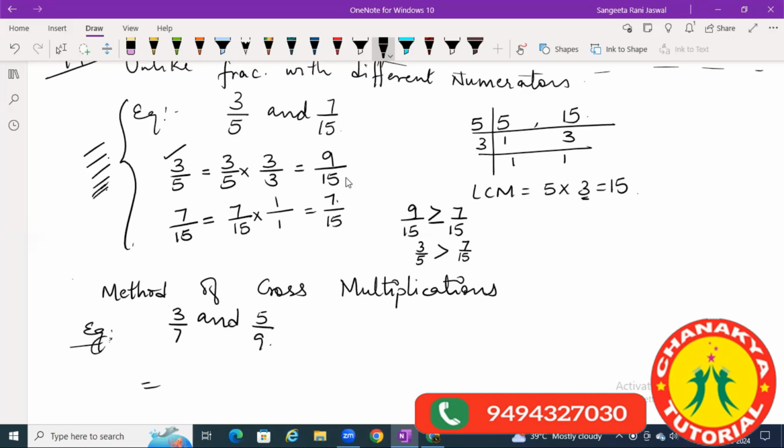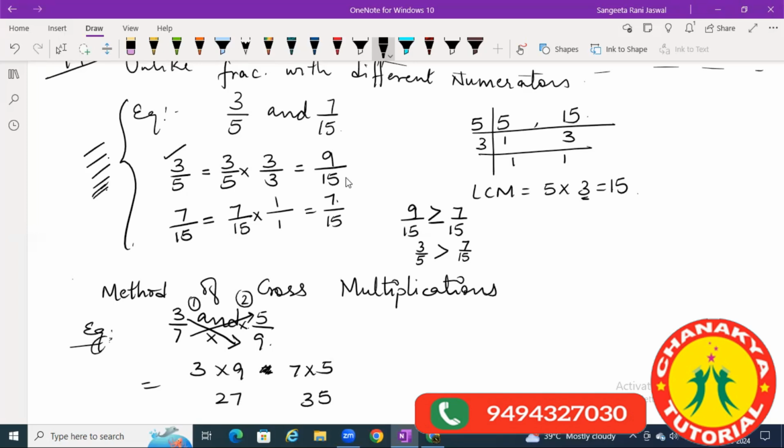I will multiply 3 with 9, this is my first multiplication, and the second multiplication is 7 into 5. So 3 into 9 is 27 and 7 into 5 is 35.